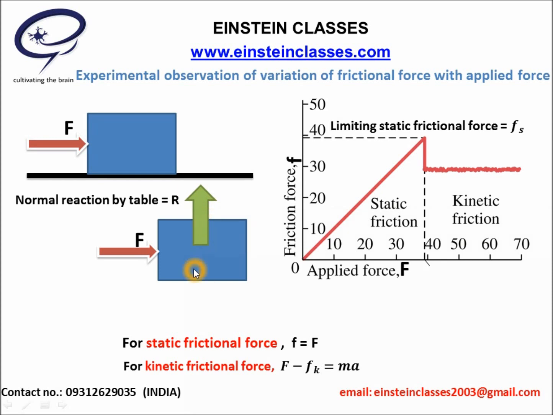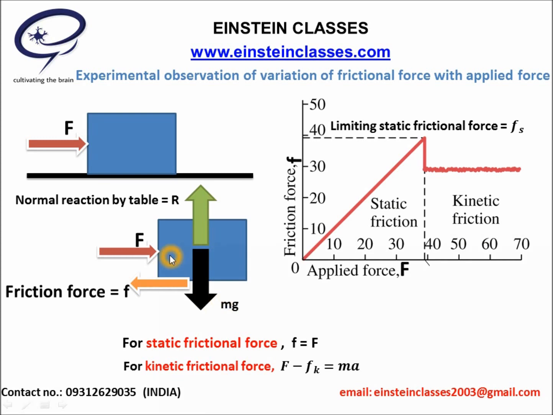Now the next force will be applied by the table, that is the frictional force, and it will act towards left because this block will have the tendency of motion towards right due to the application of this external force, or the block has the motion towards right. Due to this, the frictional force will act towards left. Now the next force will be the gravitational force, applied by the earth, and this gravitational force will be the weight of the block that will act vertical downward.